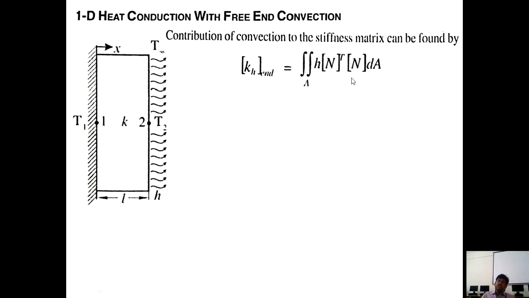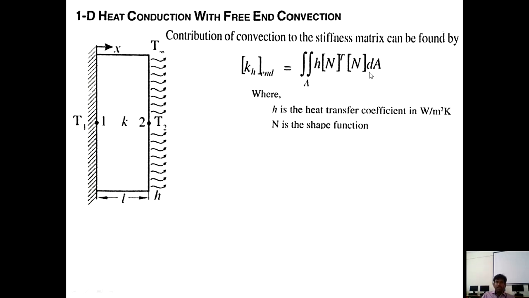Similarly here, for convection it is the integral over area, because it is taking place at one end, not towards the entire volume. So we have to consider only the area: integral over area of H N transpose N dA.